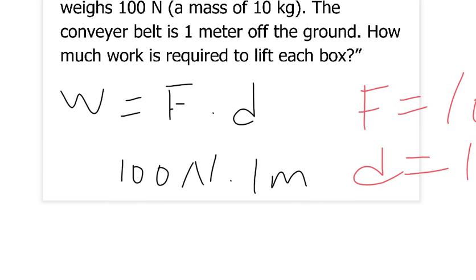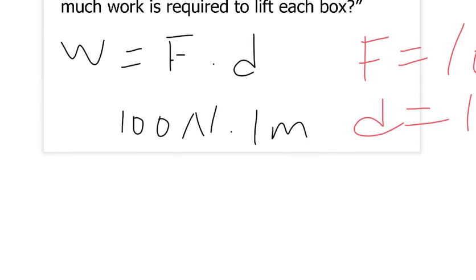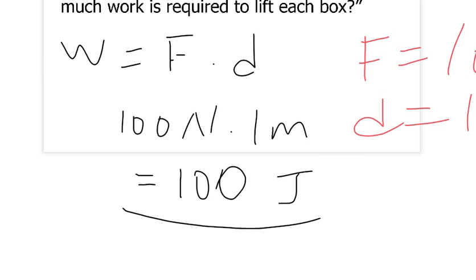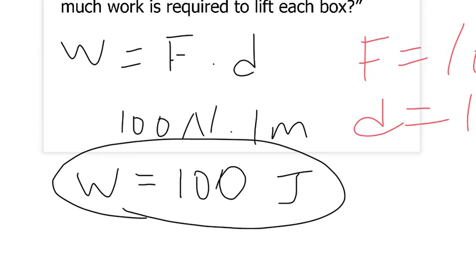And you can see right away, we're going to end up with an answer of 100. Your question is, what are the units? Well, work is actually measured in the same units as energy, so it's called joules. So lifting each box is going to require 100 joules of energy, basically. So we're doing 100 joules of work. All right? Cool. That's it for this video. Hope that was helpful.